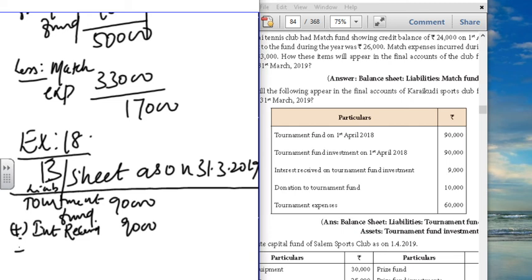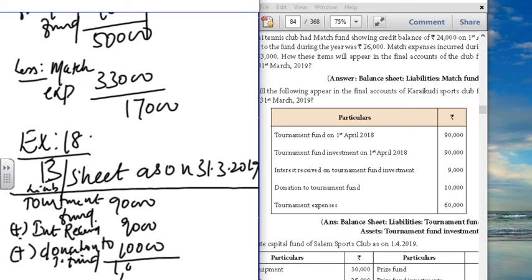Next you have to add the donations to tournament fund, which is 10,000. So it's going to be 1,09,000. Next, less tournament fund expenditure.